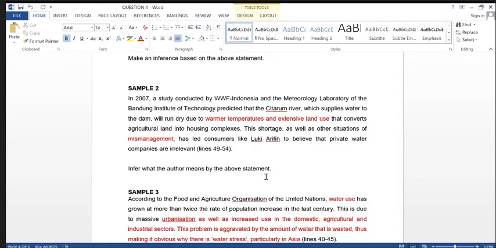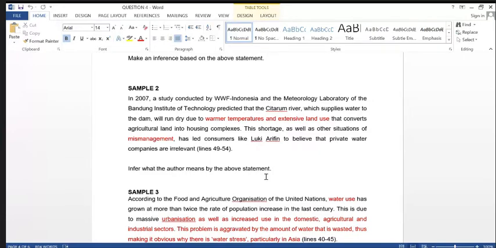Three factors have been given: warmer temperature, extensive land use, and mismanagement. And then there's another issue being talked about, that is the belief of consumers towards the private water company. That makes them feel that the company is no longer relevant.